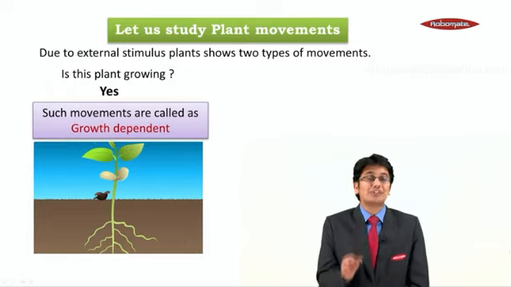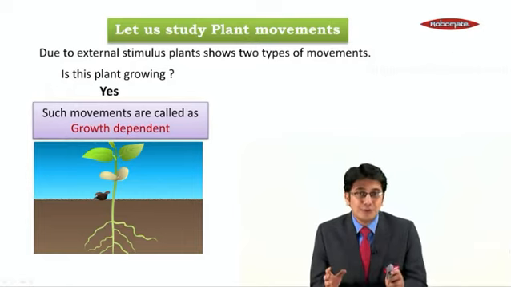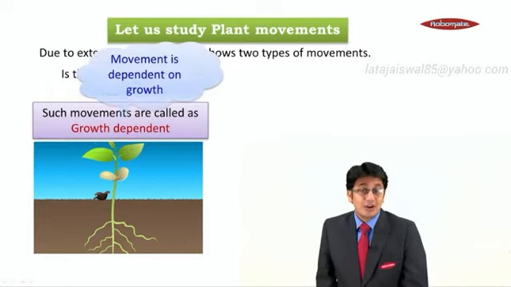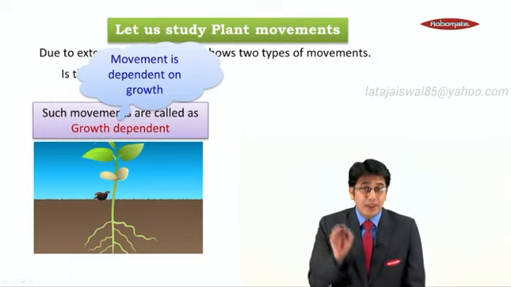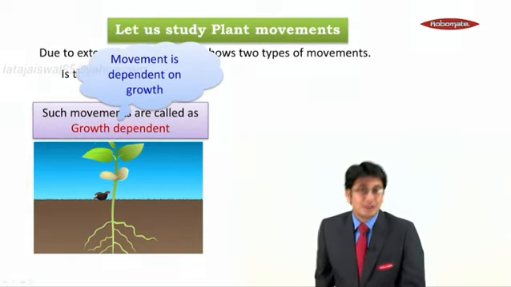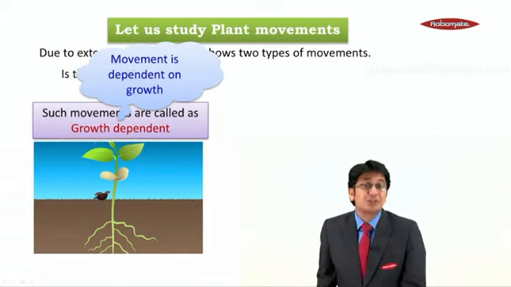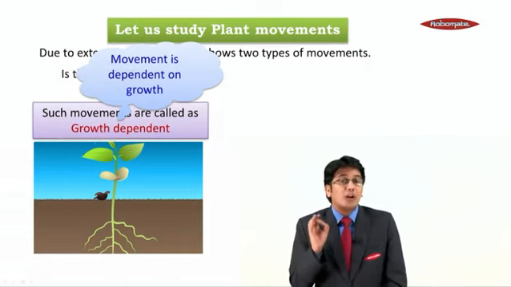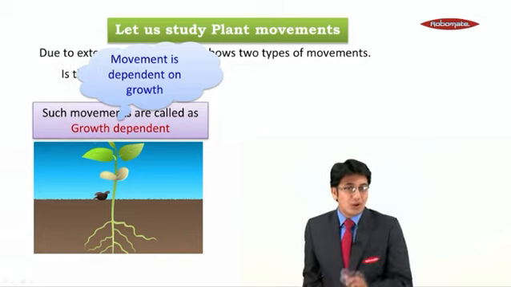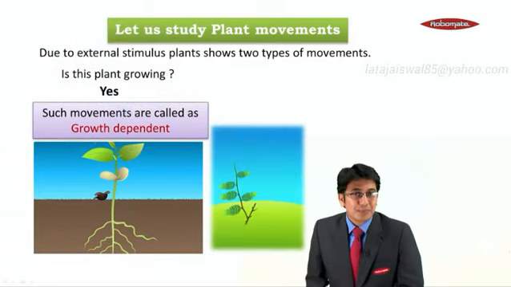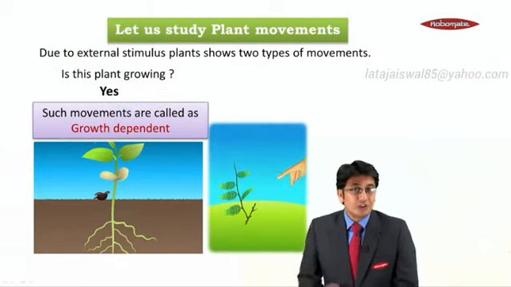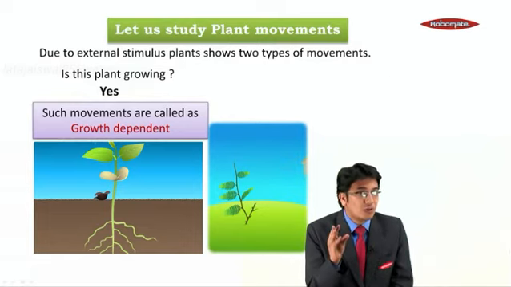This is called growth dependent movement, where the movement is dependent on growth. Because of the growth, the plant is moving. So this is an example of growth dependent movement. Now let me show you this. Here, when you touch the plant, the leaves are closed.